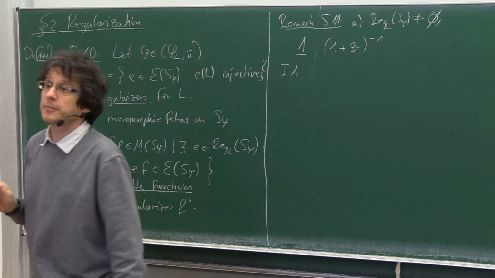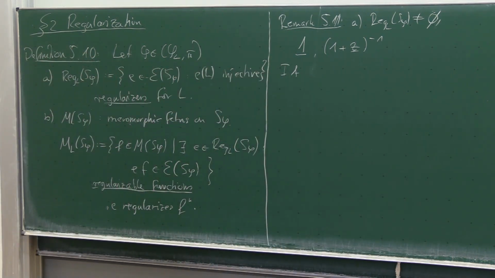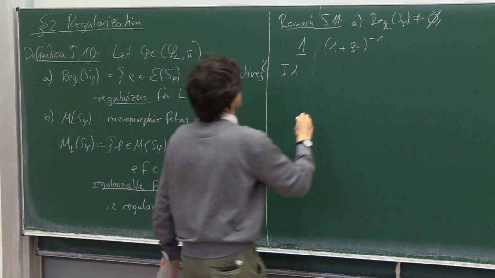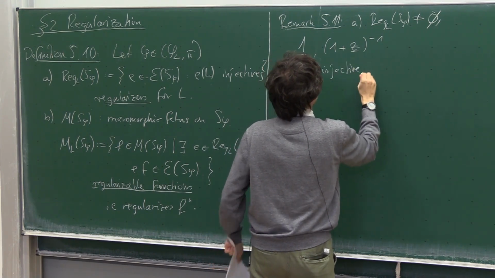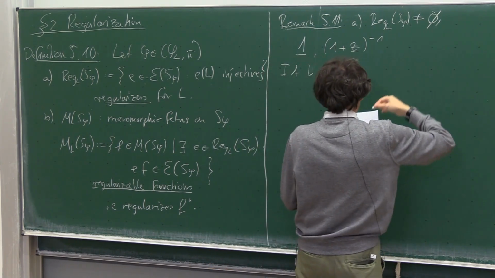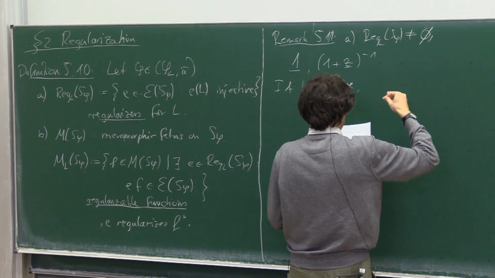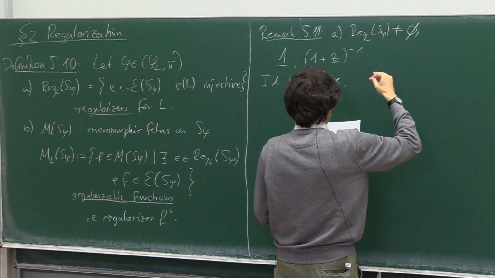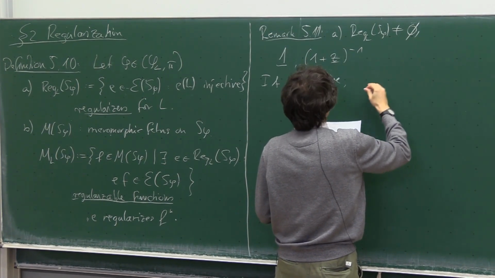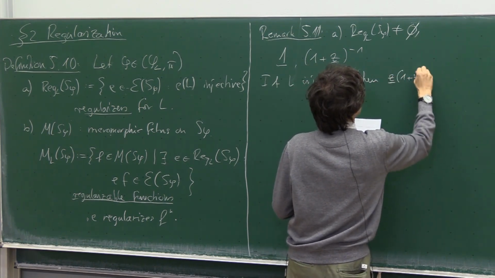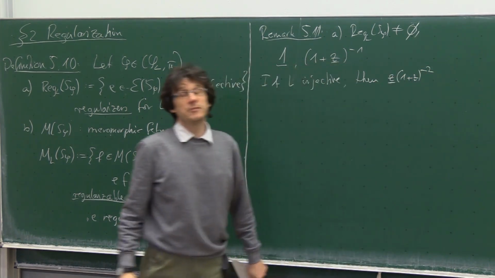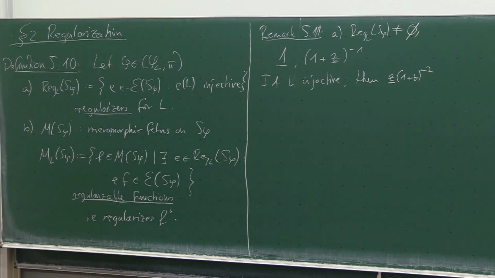There is another very important regularizer that we will use several times, but which is not always a regularizer. You need one more additional assumption, namely that the operator L itself is injective. If L is injective, then there is even a regularizer in the H0 infinity class, which is the function that we already encountered several times: z times (1 plus z) to the -2.